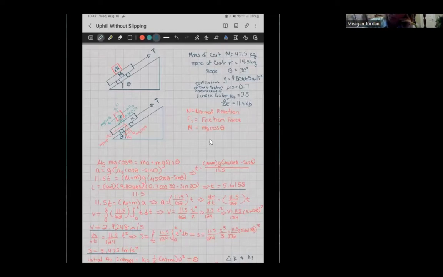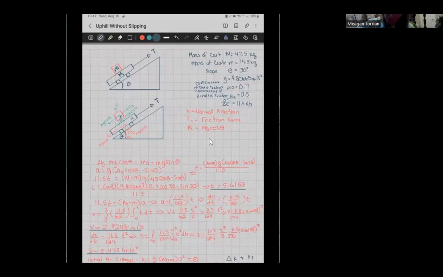So let's get T by itself by dividing everything by 11.5 and then plug in our numbers. 62 is our 47.5 plus 14.5, the masses of our cart and crate, times gravity times 0.7 cosine 30 minus sine 30, all over 11.5. We do the math on that and we end up with T equals 5.6158.